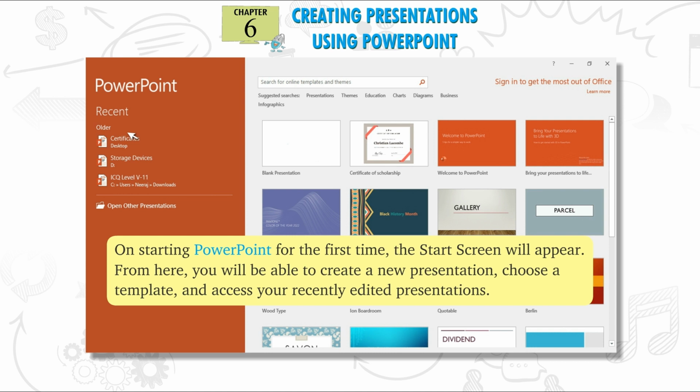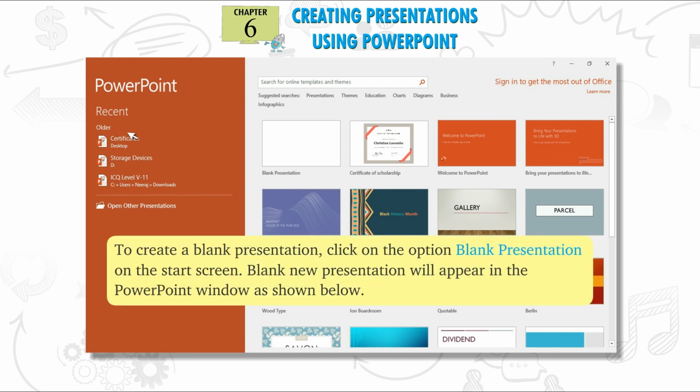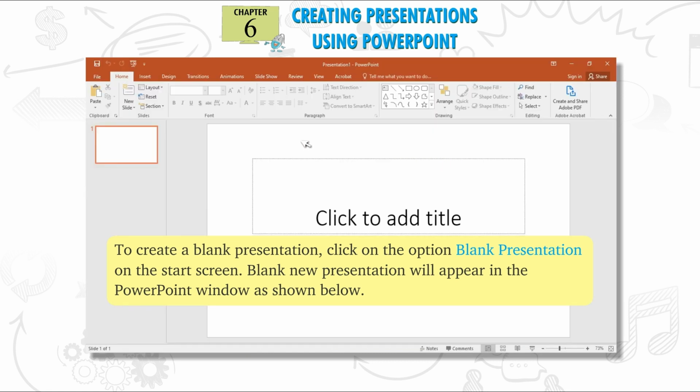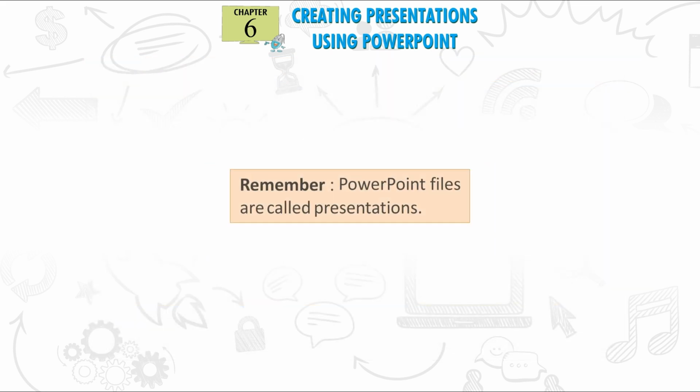From here, you will be able to create a new presentation, choose a template and access your recently edited presentations. To create a blank presentation, click on the option Blank Presentation on the Start screen. Blank New Presentation will appear in the PowerPoint window as shown below. Remember, PowerPoint files are called presentations.